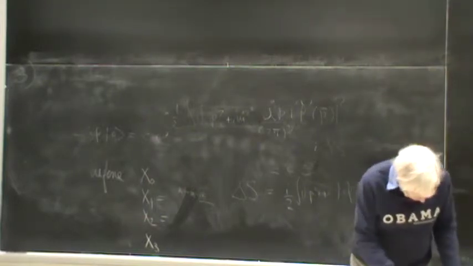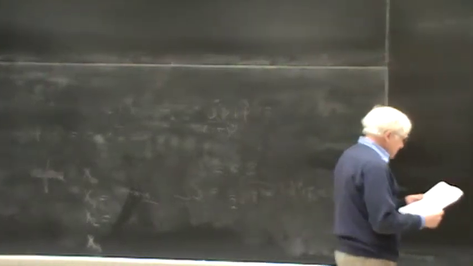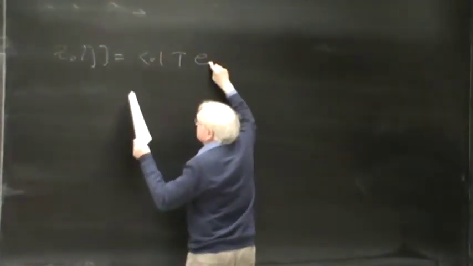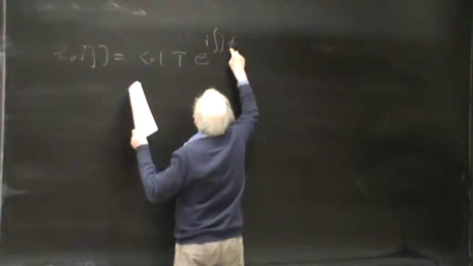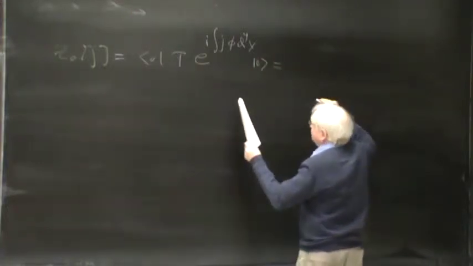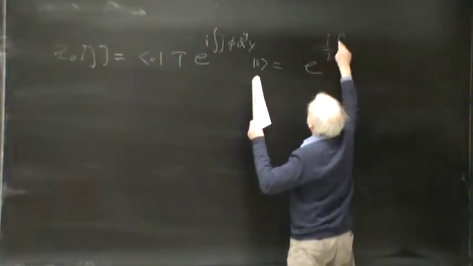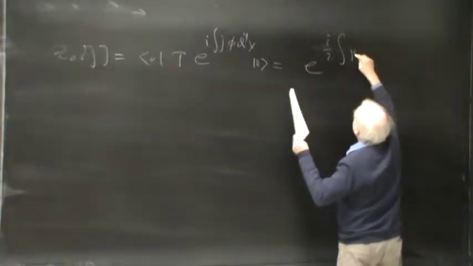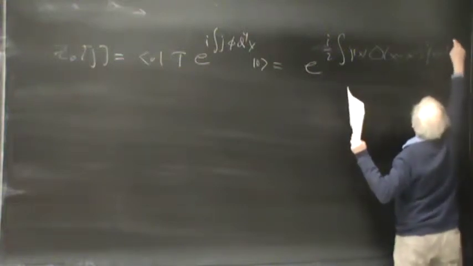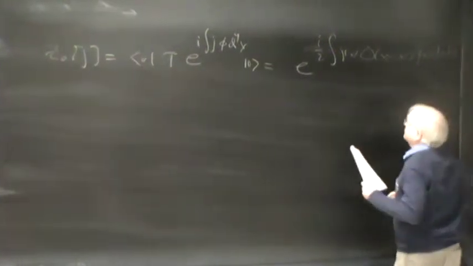Let's notice first of all that we had gotten this rather interesting result, namely that the vacuum time-ordered product of e to the i integral j phi d4 x is equal to e to the i over 2 integral of j of x delta of x minus x prime j of x prime d4 x d4 x prime.